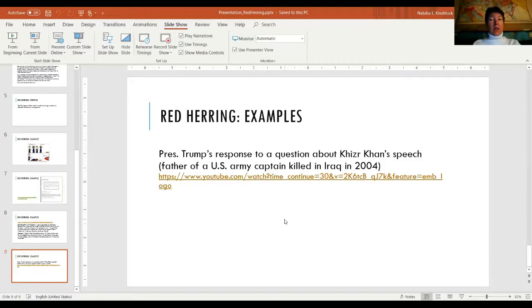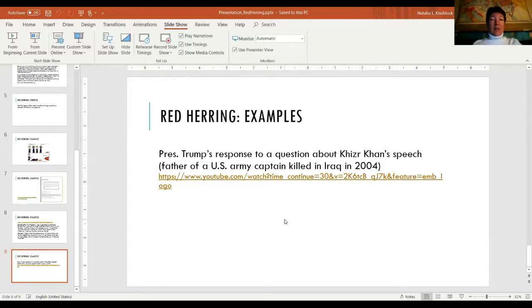Possibly she's not allowed to speak, and then he just talks about something that is unrelated to the question. He left the question unanswered. So the question never was answered, even though the president continued talking for a few seconds. So these are the examples of red herring.